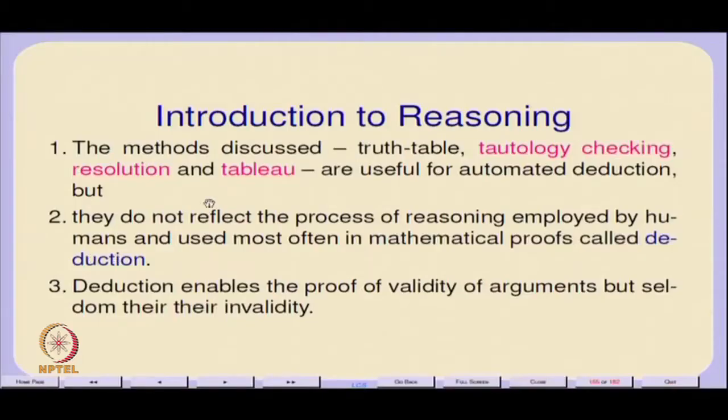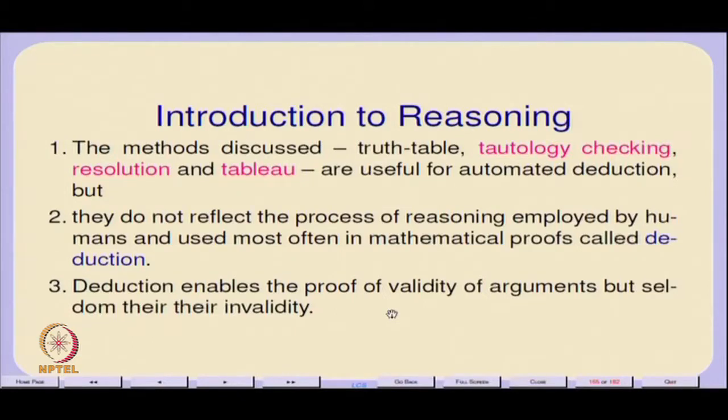Okay. So, the methods that we have discussed so far, while they are good for automated deduction, do not reflect the process of reasoning that we usually employ, and that process of reasoning is called deduction. Deduction enables us to prove the validity of arguments.